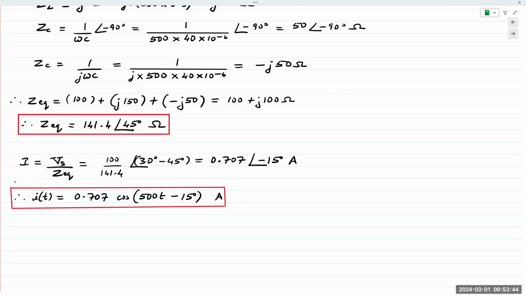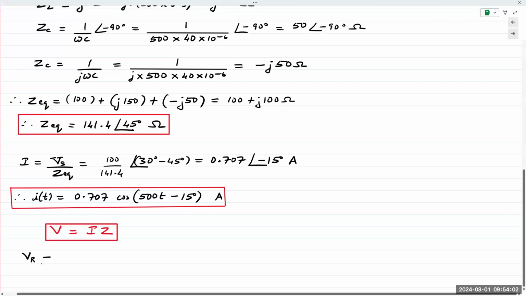And that's it. We apply Ohm's law again. So V equals IZ. We apply Ohm's law to find the voltage for every single component.